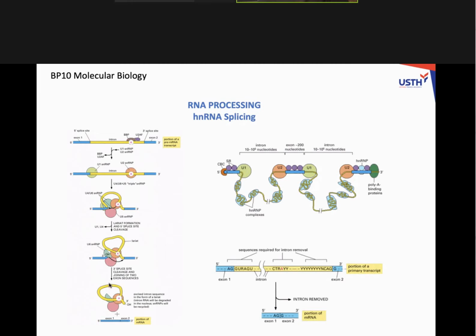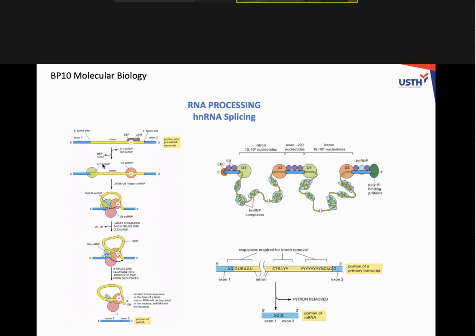I'm not going to explain all the process because you already studied it. I just want to show you something. There is no specific sequence there, but there is a common feature inside the intron, which is a consensus sequence that can be recognized by specific splicing factors that recruit different proteins. And look, I just want to focus on that. They are called snRNP.